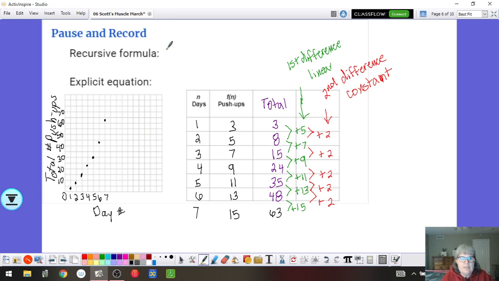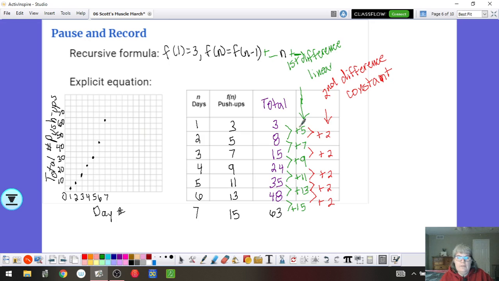So just like the last recursive formula, we have f of 1 equals 3. That's our starting position. We have f of n equals f of n minus 1. Now because this first difference is linear, what gets added on is going to be a linear expression. So like y equals mx plus b, only it's going to be something times n plus the b.